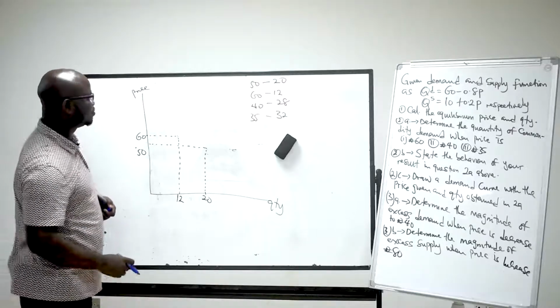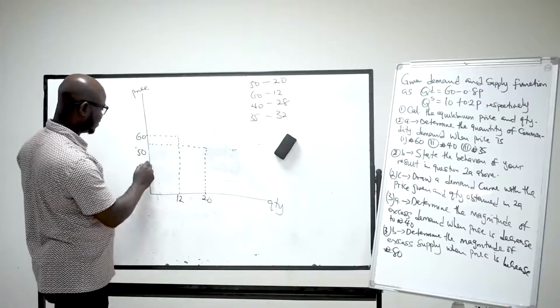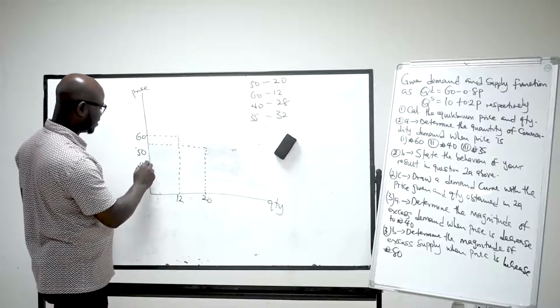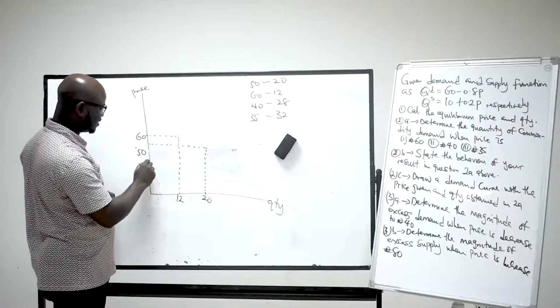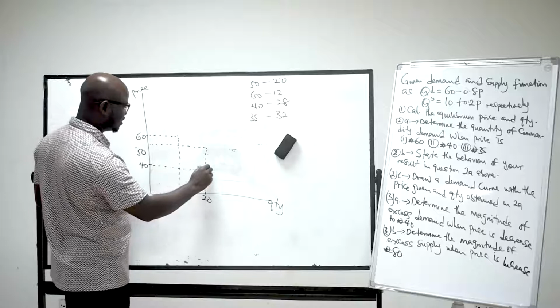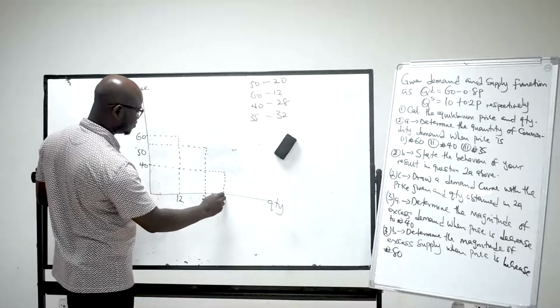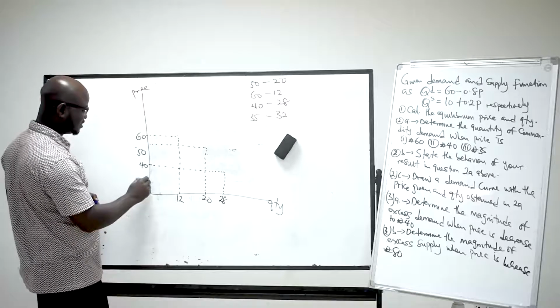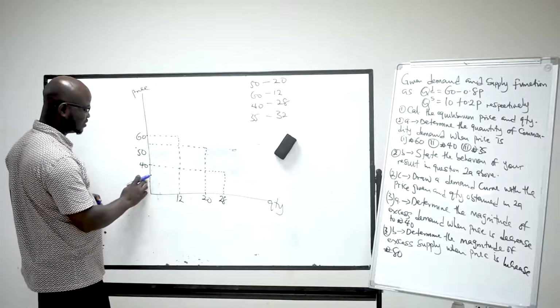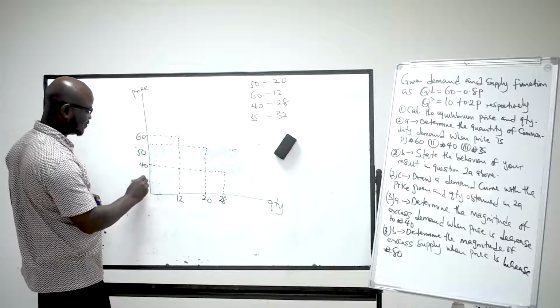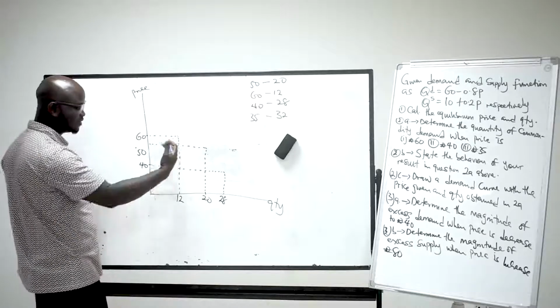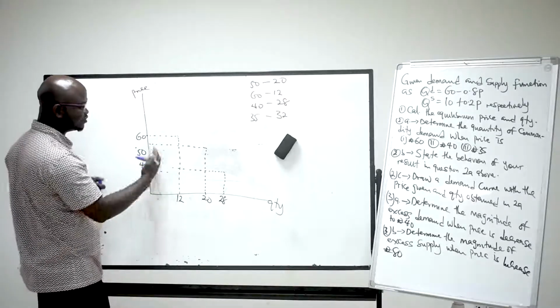Then it dropped from 50 to 40. Let's say we have 40 here. Then the quantity demanded increased to 28, right? Then it dropped again to 35. Now, if you are using a ruler, you can easily measure this so that the space in between will be accurate.